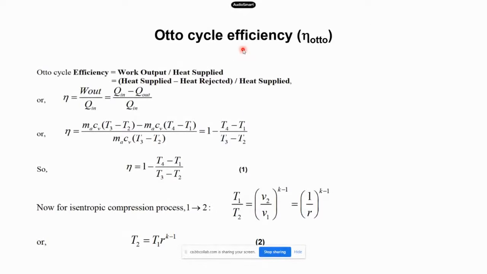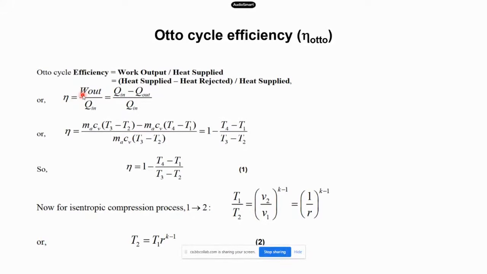The efficiency of all the cycles is the same, it doesn't matter which cycle. According to the first law, it is going to be work net. Sometimes I use work net, sometimes I use work out, it's the same thing, which is work out divided by Q in. Now, for a cycle, we know that Q in minus Q out is equal to work out.